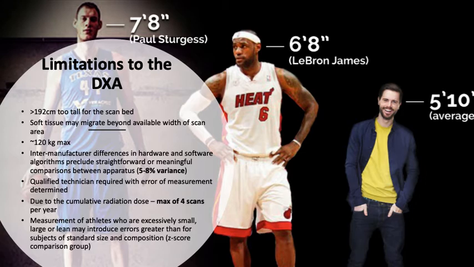There is quite a bit of variance between software and between manufacturers. There are multiple manufacturers that make DEXA scanners, and there's a difference of 5 to 8% variance between these scan beds. So it's ideal that if you get tested, you always go back to that same clinic that has the same bed to minimize the variance. Because if you get tested at one clinic and then 6 months later you get tested at another clinic with different software as well as a different machine, then it might be off by 5 to 8%.